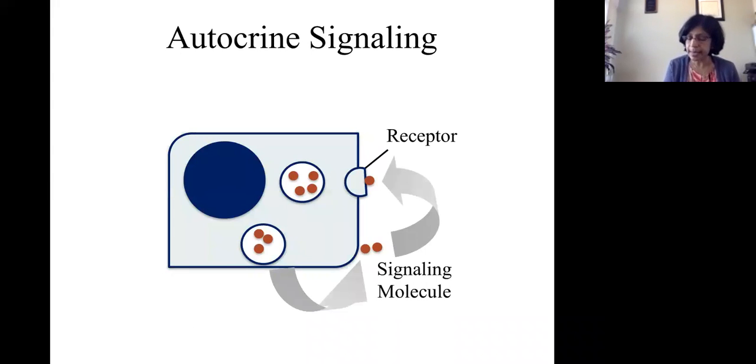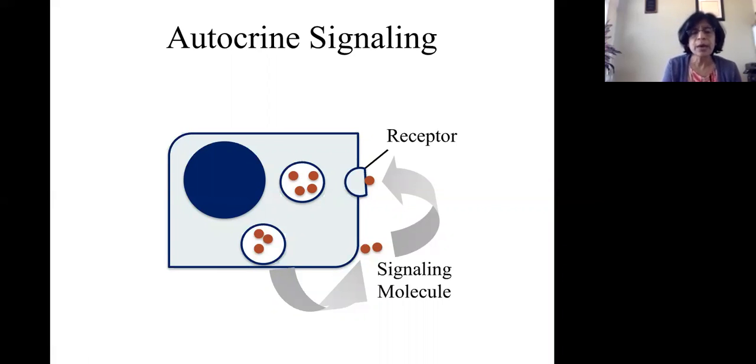Autocrine signaling, look at the name, auto means self. It's acting on itself is what you get out of this term. Now, the illustration here shows a cell with a vesicle that's filled with a chemical substance, a secretory vesicle.